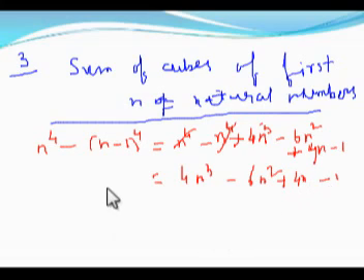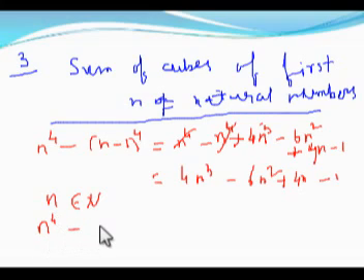Before, we put 1 for the values of n which belong to the natural numbers. In the same way, put 1, 2, 3, 4 up to n and add all the evaluations.